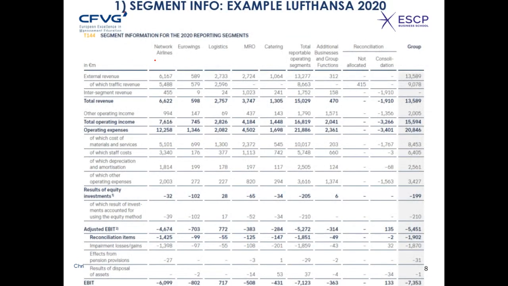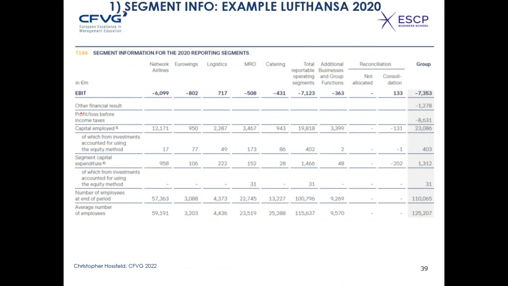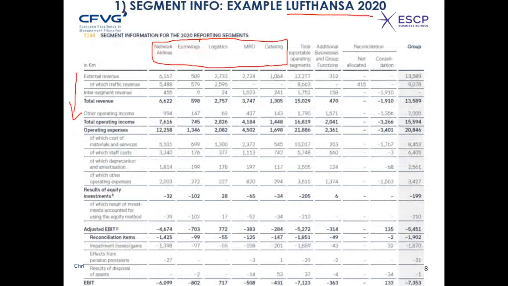Okay, in order to finish, let's see for Lufthansa, a German airline company, what the segment reporting is. The segment reporting is also rather standardized. In the different columns, you have the different segments. Here Lufthansa operates in 5 different activities, and the different lines are the segment information. Actually, here the segment information goes over 2 pages for Lufthansa, or one big page.